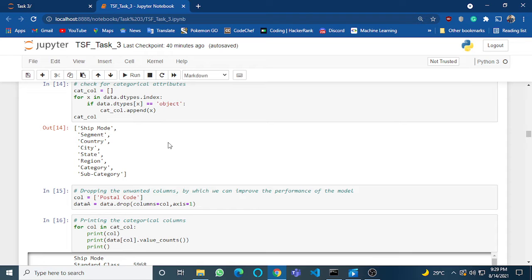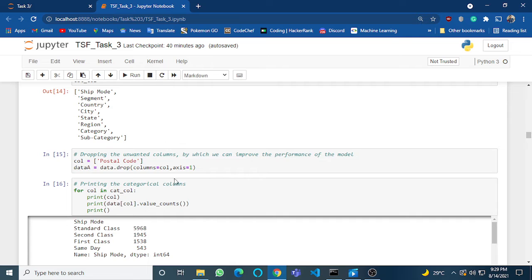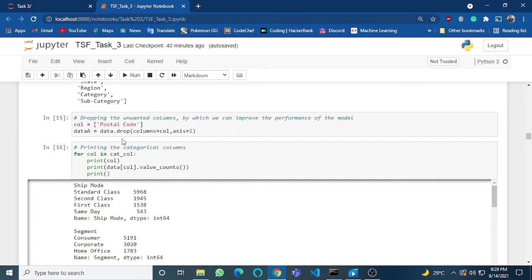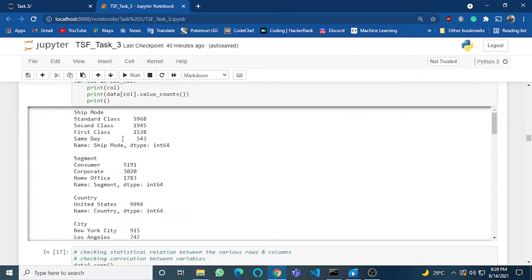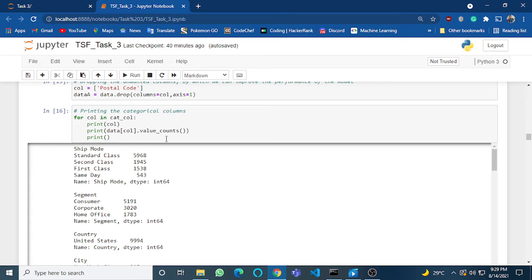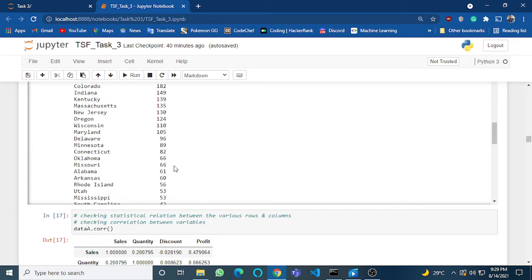Also, I have dropped the postal code, which can improve the performance of the model, and I have printed the categorical columns as shown here.